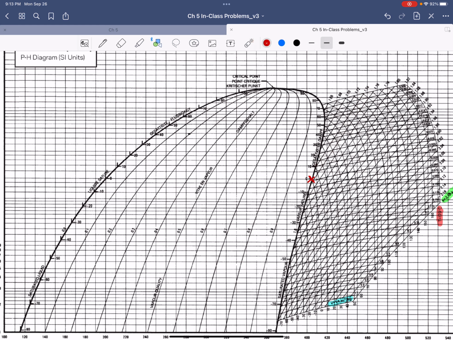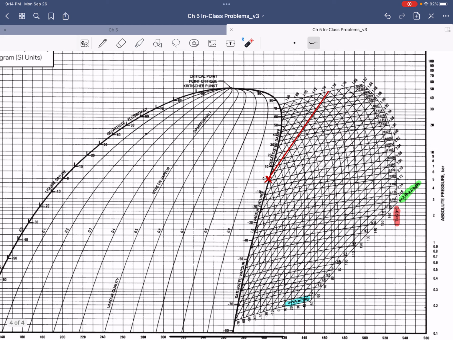So here's where our intersection is, and so I'm going to draw a line that goes up and to the right. Okay? And so when we go up and to the right and we look at these labels, we see that essentially our intersection is coincident with a diagonal that corresponds to some number between 1.74 and 1.76 kilojoules per kilogram Kelvin.